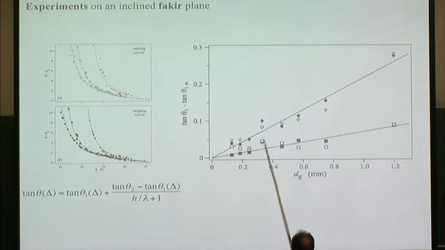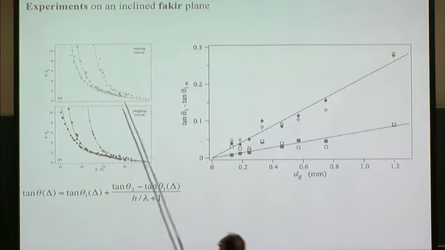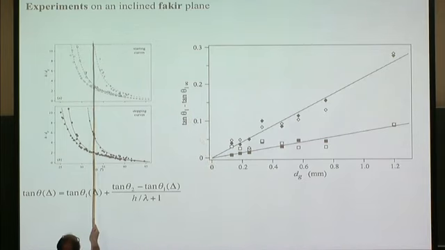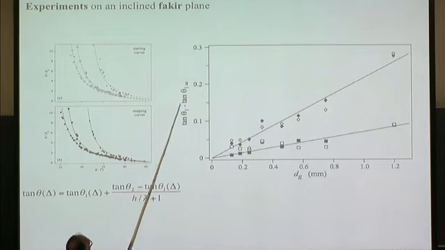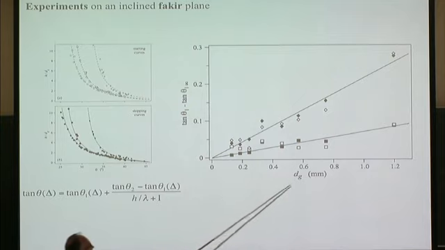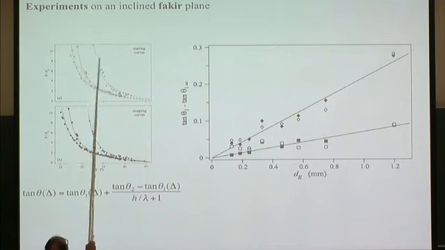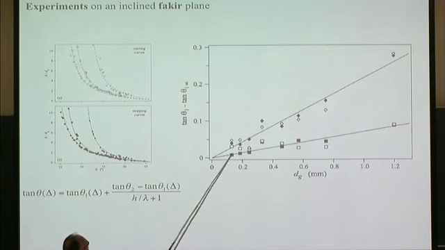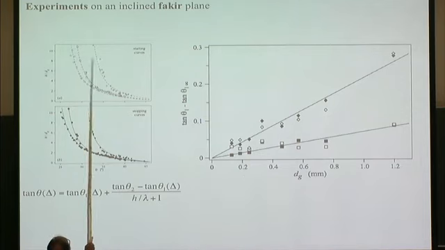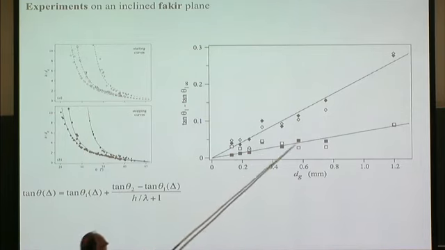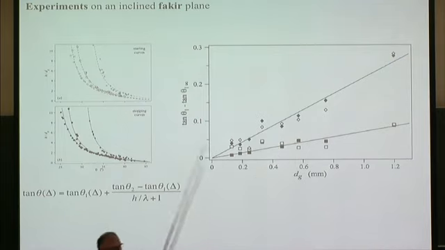I just plot here the difference between the angle theta 1 for a given forest relative to its value without forest, which I note theta 1 infinity, as a function of the grain diameter, and this is for the two spacings delta, just these two curves. And what we can see is that this spacing increases linearly with the grain diameter.